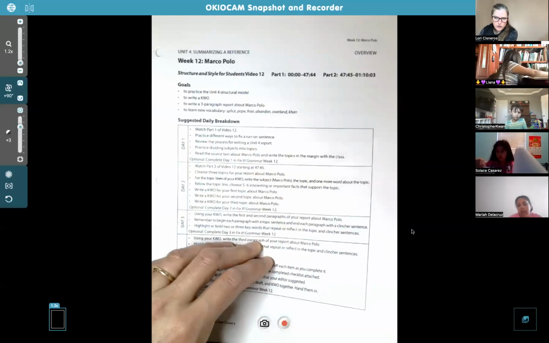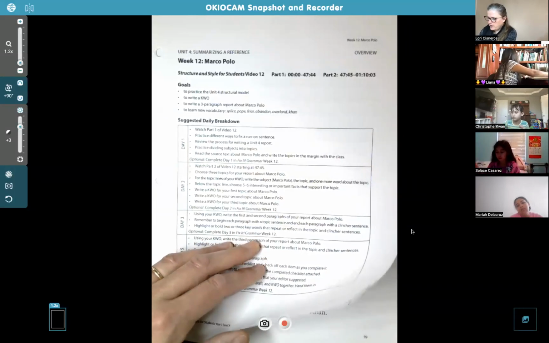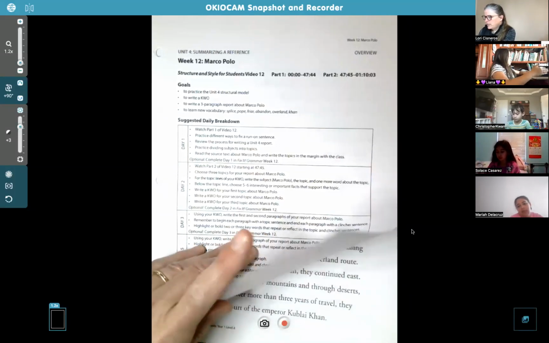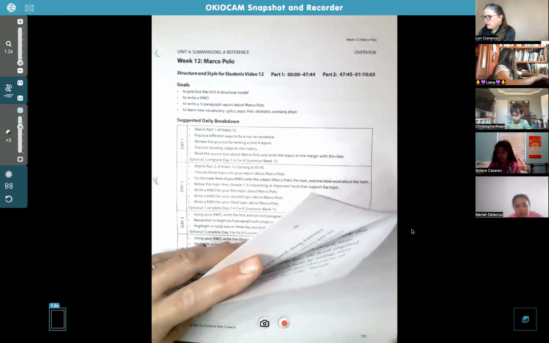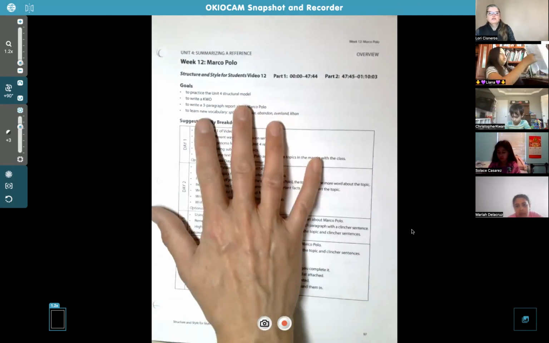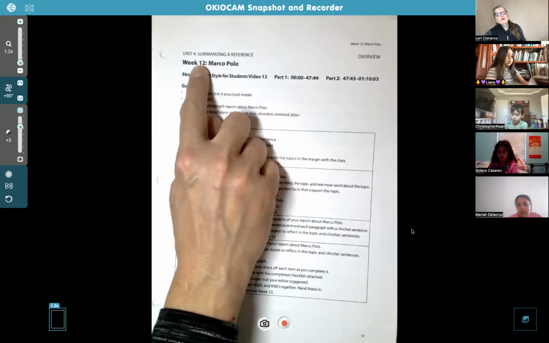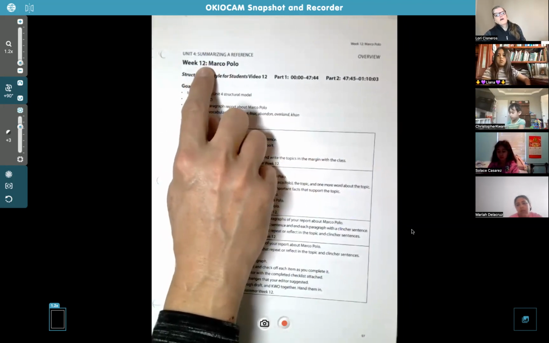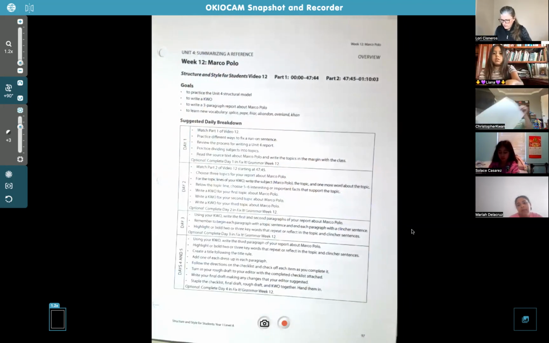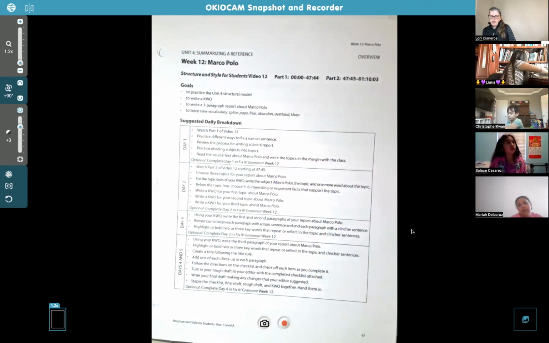Make sure you guys close your rings when you're moving around in your binder, okay? But you're only going to get out 1, 2, 3, 4 pages, all of the papers for week 12, Marco Polo. And you need a piece of lined paper, so make sure to get a piece of lined paper out and a pen or a pencil, and then you're ready to go.